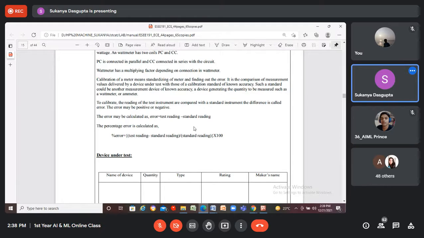And if these data are close to the true data or the standard data, we say that the accuracy is good, or we can say that the percentage error is less, because you can see the percentage error formula is (test data minus true data) divided by the true data into 100. So if there is any deviation from the standard reading or true data, it will be termed as error.